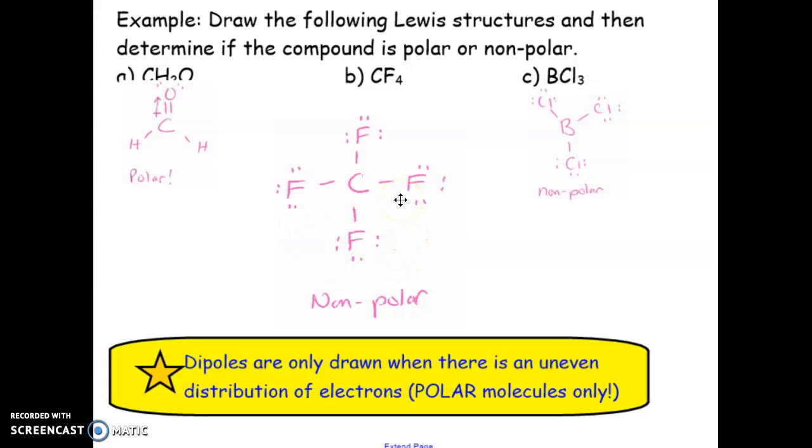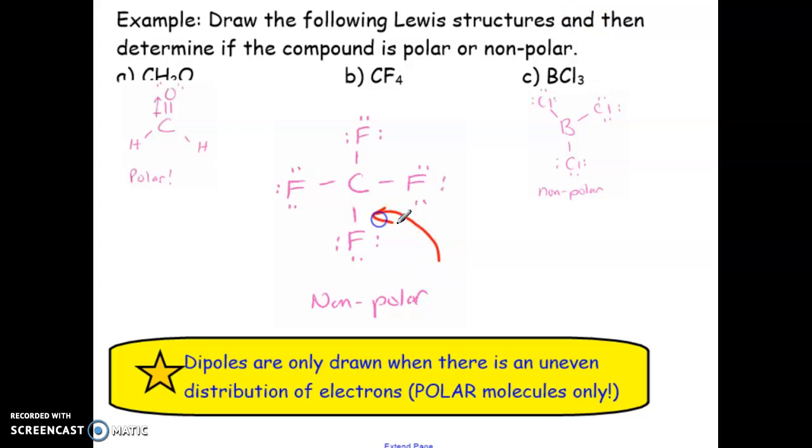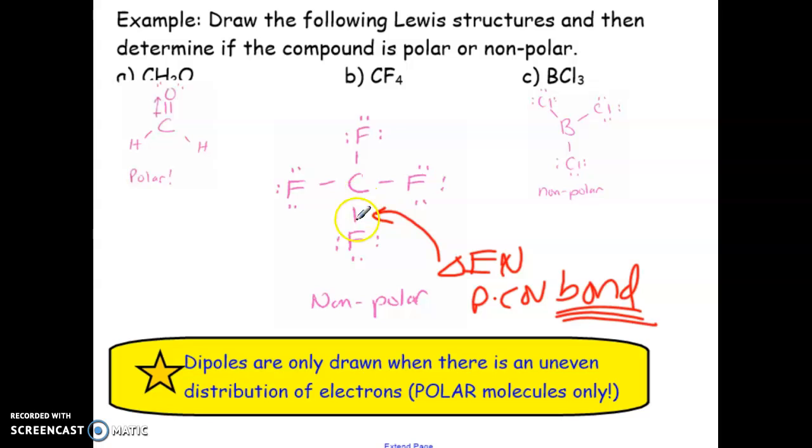And actually, if you were to discuss the bonds, carbon and fluorine, if you look at the difference in electronegativity, this is a polar covalent bond. So the bond itself is polar, but because it's the exact same bond in the entire molecule, it's what we call symmetrical.